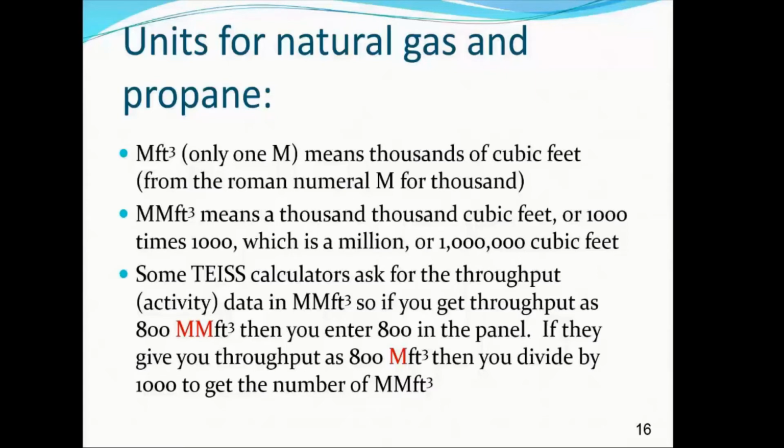Units for natural gas and propane need a little bit of explanation. There's different lingo used for natural gas and propane, and a lot of times you'll see this M notation. If you get an email back from someone and they say, we use 1 MFT3, what does that mean? 1 M means thousands of cubic feet, from the old Roman numeral M for 1,000.